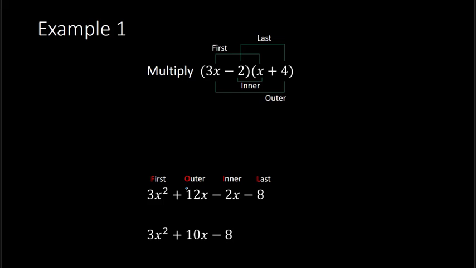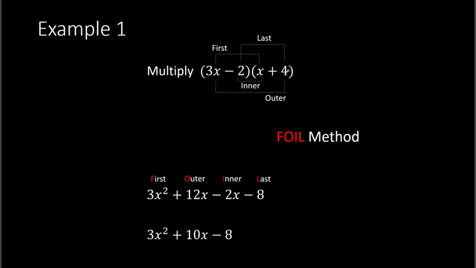Now if we take the first letter of each of those words, notice it spells the word FOIL, F-O-I-L. So this process of multiplying two binomials together is called the FOIL method. And in my head, when I'm trying to calculate this, when I'm trying to simplify, I think through the letters F-O-I-L.